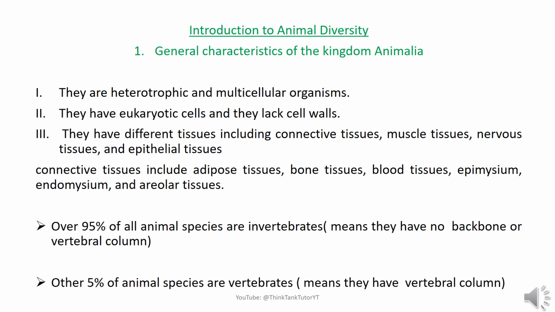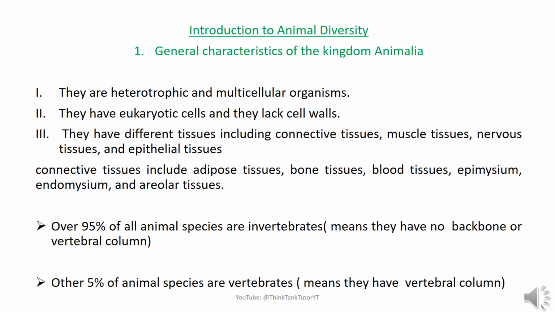Epimysium and endomysium are tissues found around the muscle tissues. They are involved in protection and separating different muscle tissues. Areolar tissues lie beneath our skin tissue, and they act as connective tissue between the skin and the muscles inside the body.